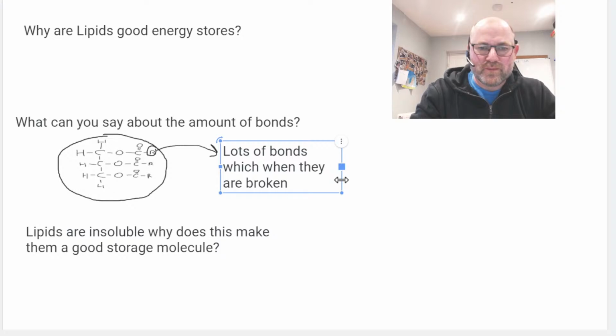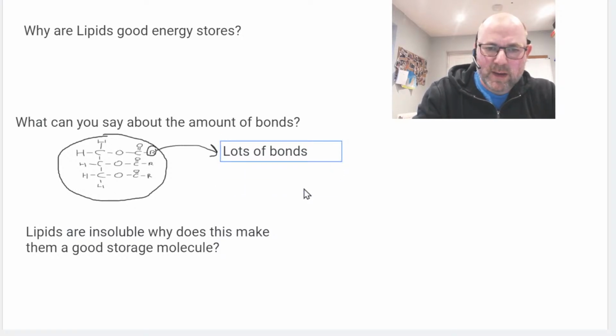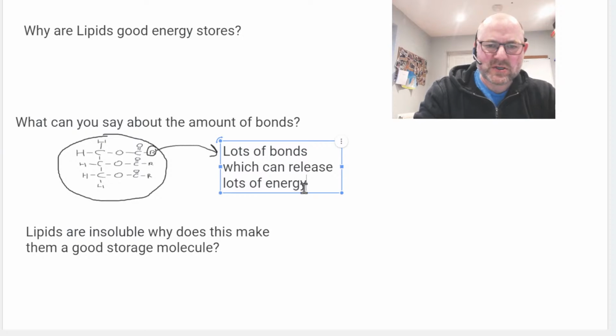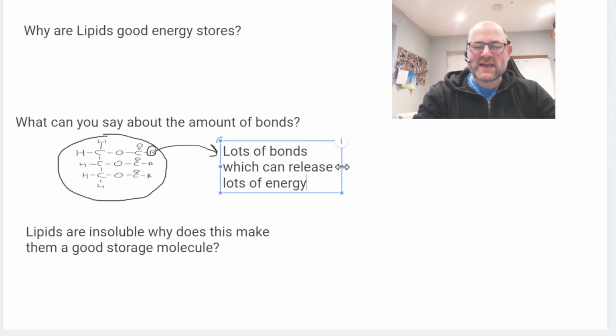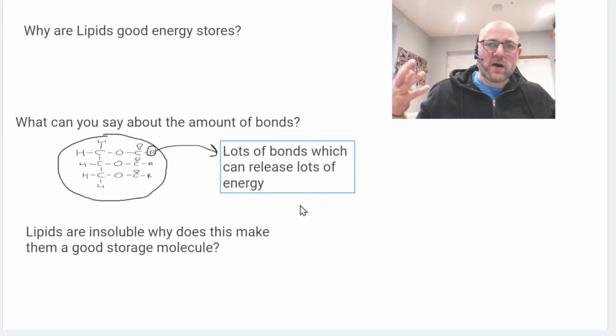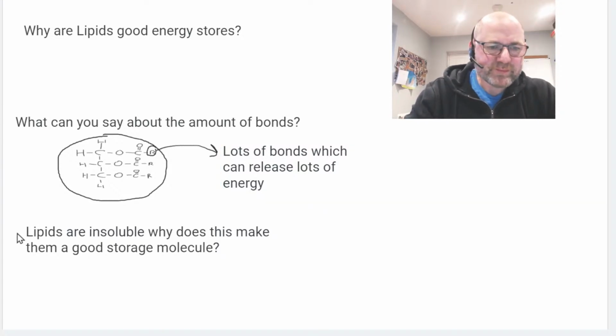Lots and lots of bonds which can release lots of energy. So when they break down, if it's exothermic hydrolysis, it's going to release energy overall to the environment. And that energy can be used by our body to do lots of things. So lots of bonds which store the energy as well, I could put there.